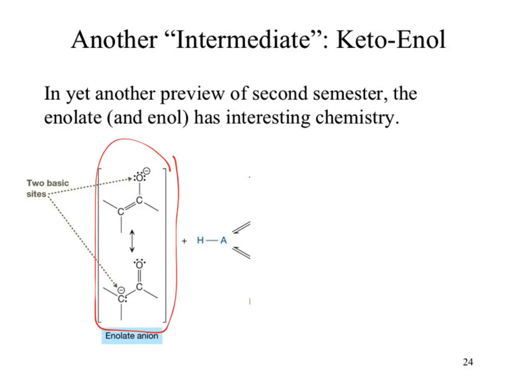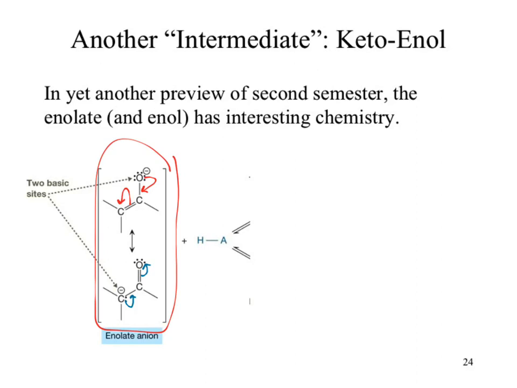Okay, we have a negative charge on that oxygen. We can move the electrons down, which would move the electrons onto the carbon. That would generate the bottom structure, or I could take those electrons and move them back up. Okay, so they are resonance contributors.